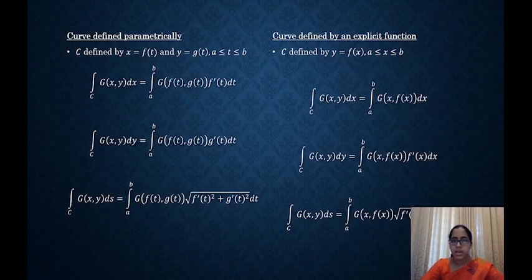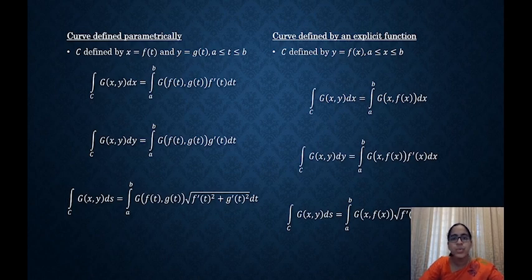If the curve is defined parametrically, then the integral over C of g(x,y) dx will be the integral from a to b of g(f(t), g(t)) times f'(t) dt, and the integral over C of g(x,y) dy will be the integral from a to b of g(f(t), g(t)) times g'(t) dt. The integral over C of g(x,y) ds will be the integral from a to b of g(f(t), g(t)) times the square root of f'(t) squared plus g'(t) squared, dt.